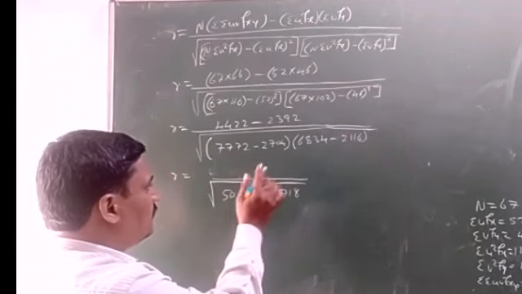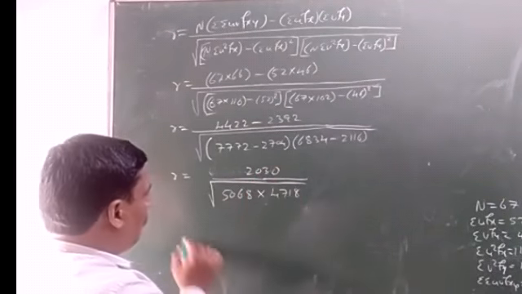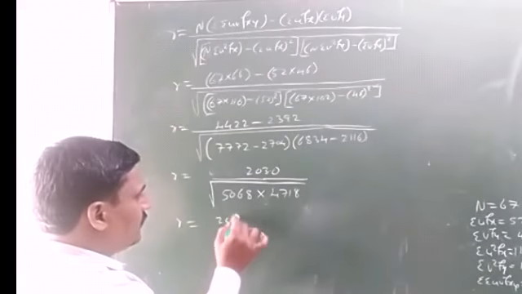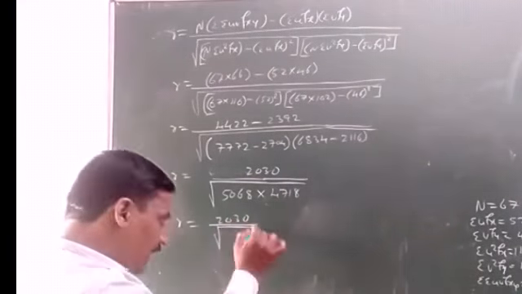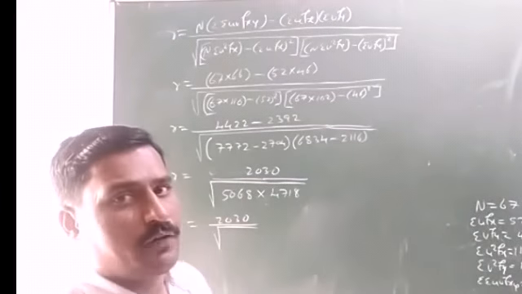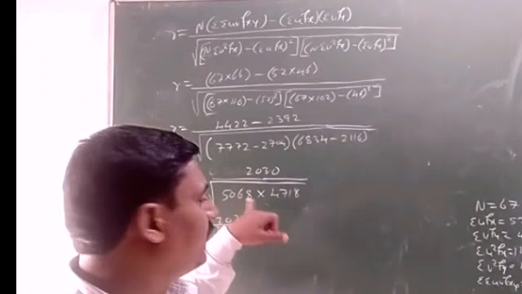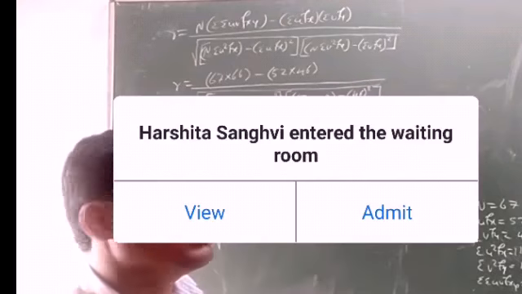So write this in the center. So R is equal to 2030 divided by root of product of 5068 into 4718.